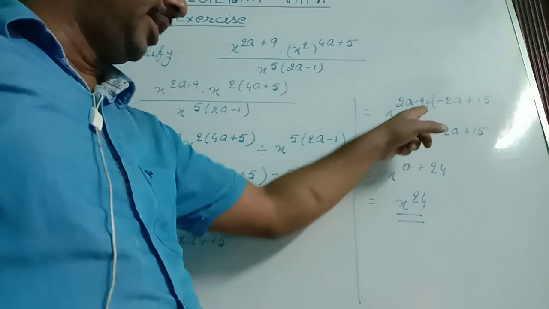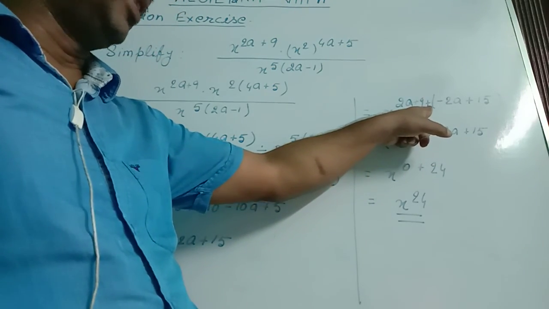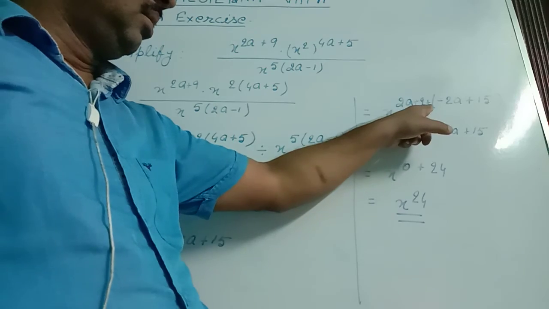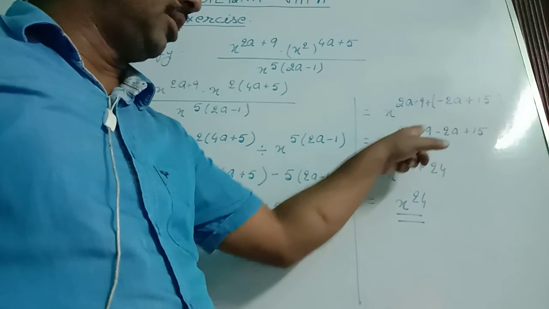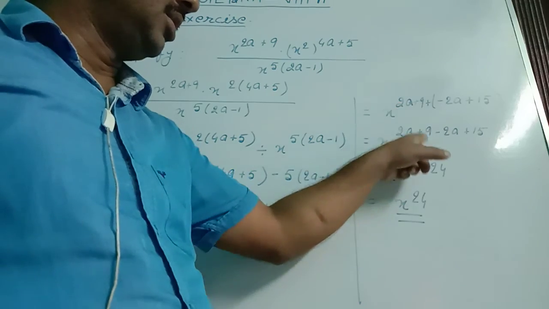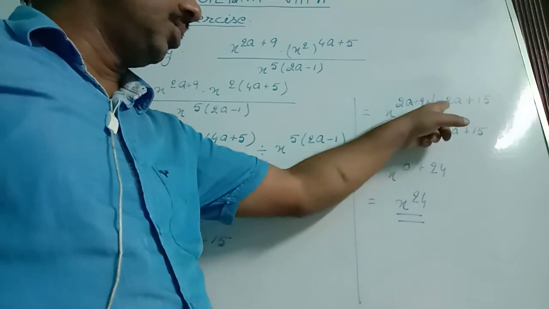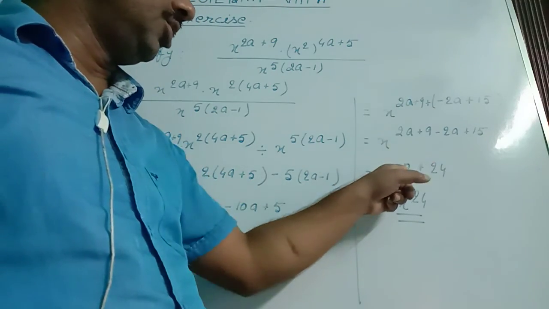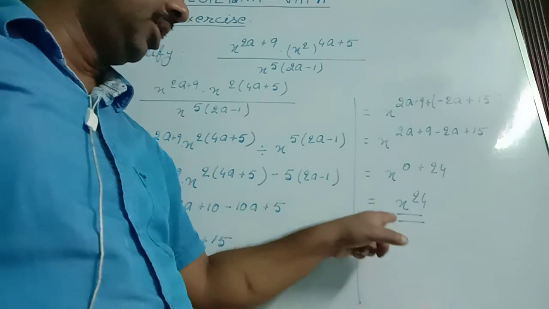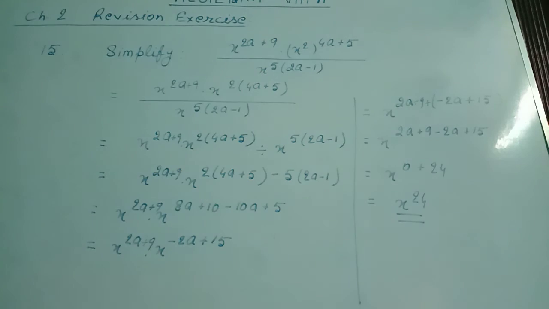Powers are added, so I gave here the symbol of addition. Now the sign of these two terms is multiplied by plus. For that I wrote 2a plus 9 same, plus minus minus 2a, and plus plus plus 15. I solved it. 2a minus 2a is 0, and 9 plus 15 is 24. So the answer became x to the power 24.